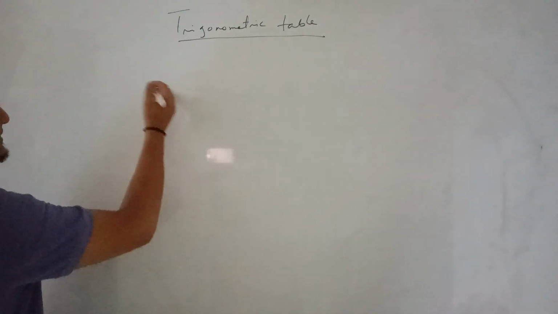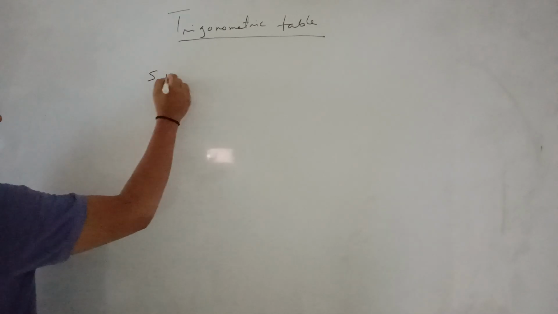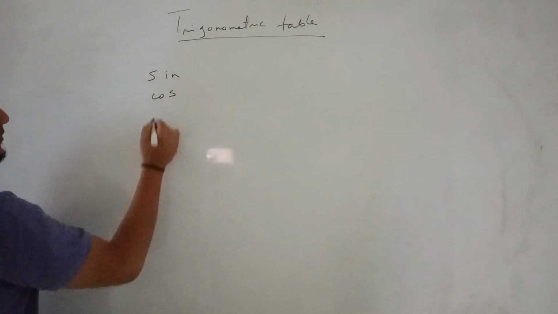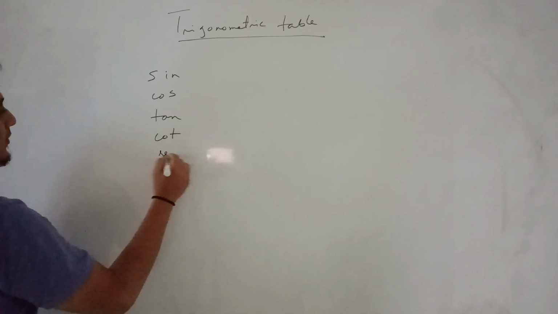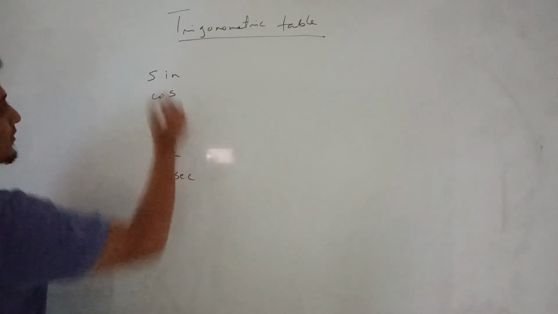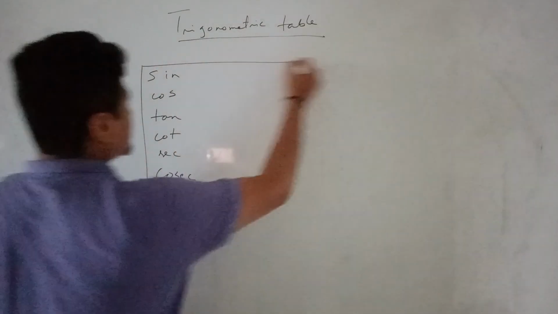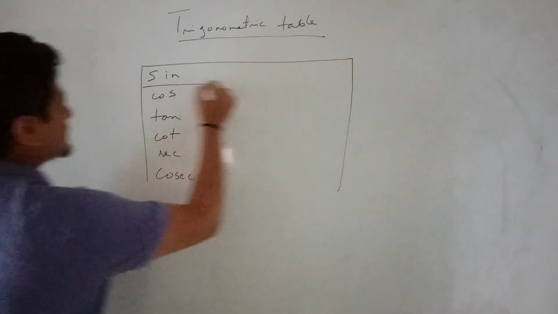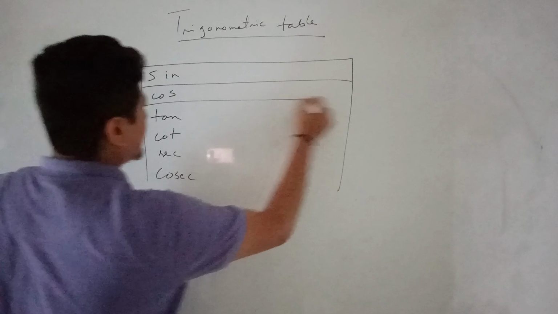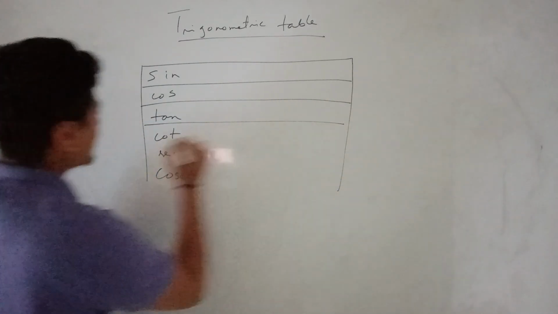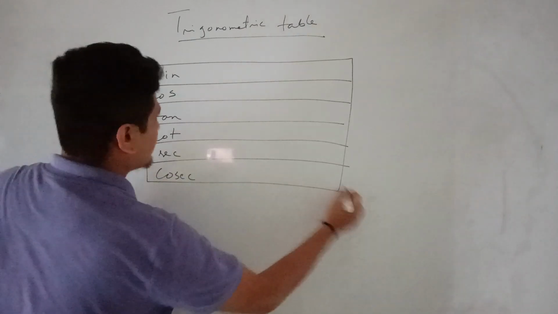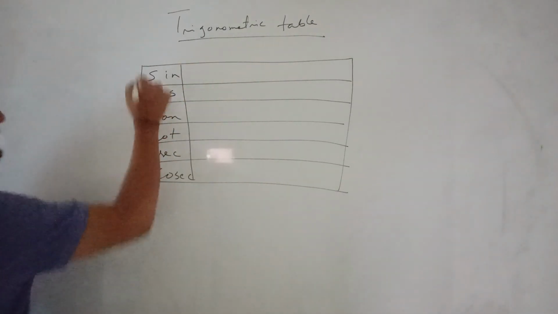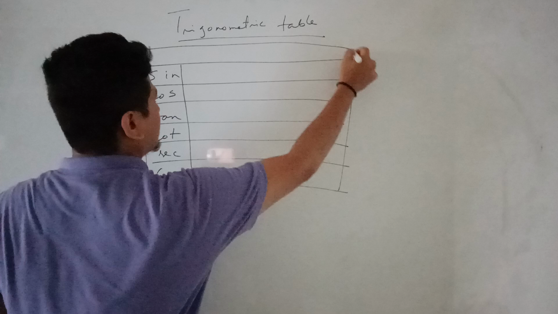of the angles. Now see this table. It's very easy to make this table. You just have to write the terms sine, cos, tan, cot, sec and cosec. Okay. These are some universal values.